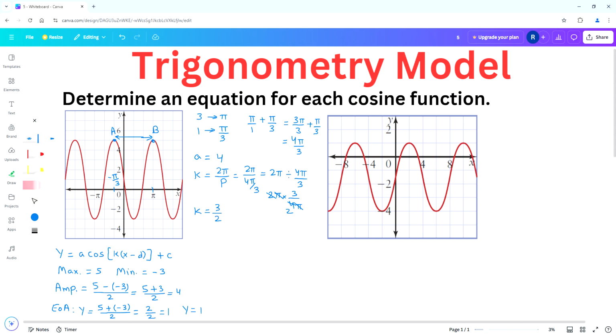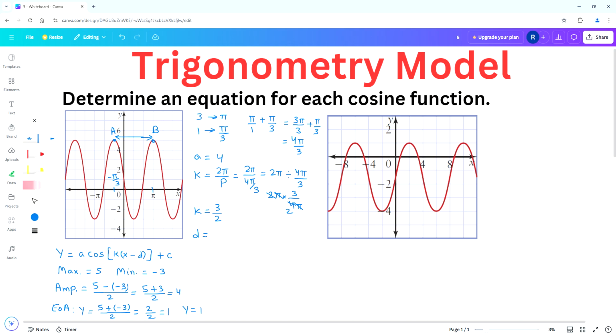Now we can find the d value. D value represents phase shift or horizontal translation. For a cosine function with no phase shift or horizontal translation, the maximum point is on the y-axis. We can use either point A or B in the graph to find the phase shift for this function. Let's use point B for this problem.